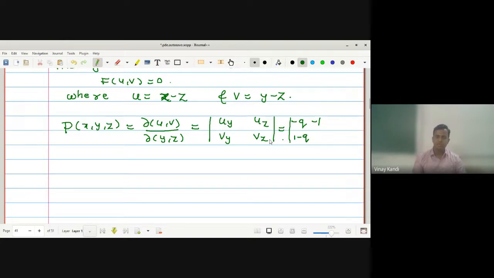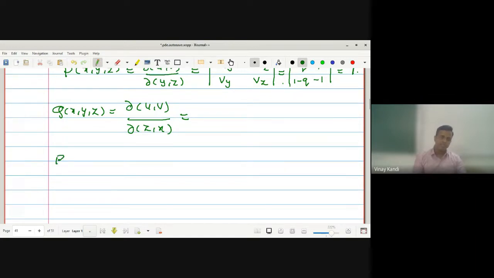Okay, v with respect to z is minus 1. Solve the value of this determinant, you will get 1. Okay, similarly Q of x, y, z is equal to the Jacobian of (u, v) with respect to (z, x). Okay, you can find it.